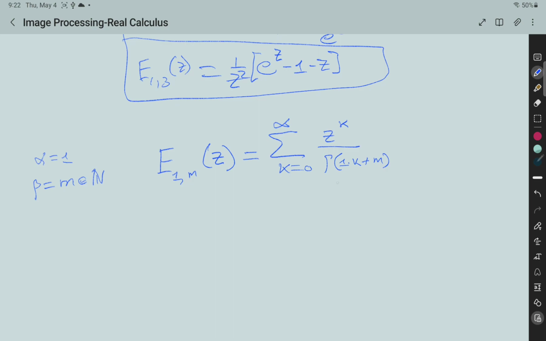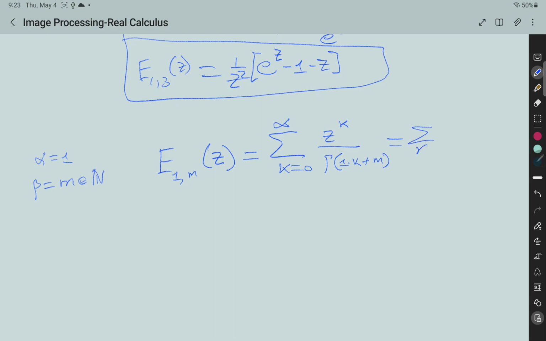Yeah, so let's just write this out for k equal to 0 and see what happens. Okay. So let me just complete this.